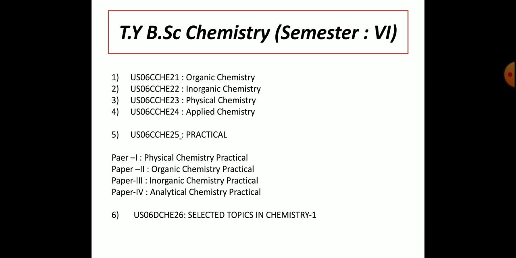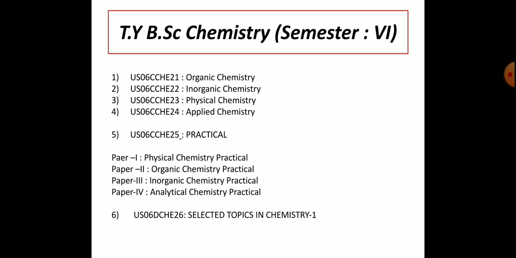Third one is US 06 CCH23, that is physical chemistry. Fourth one is US 06 CCH24, that is applied chemistry. Number 5 is your practical, that is US 06 CCH25, chemistry practical.